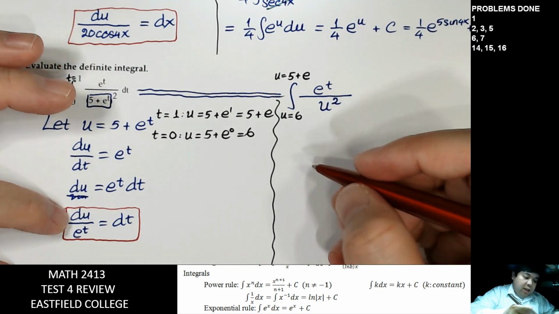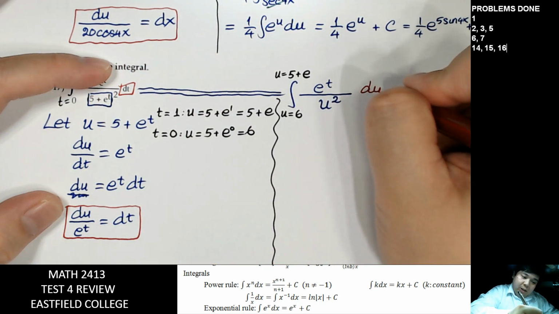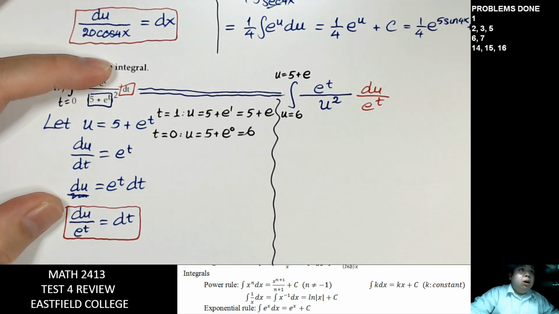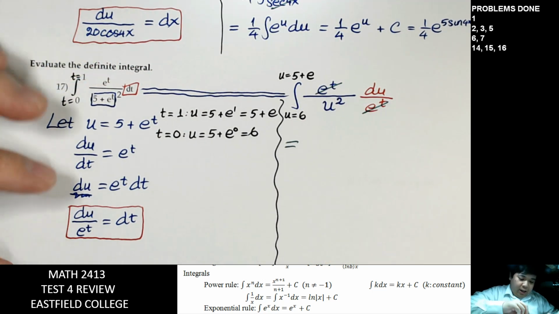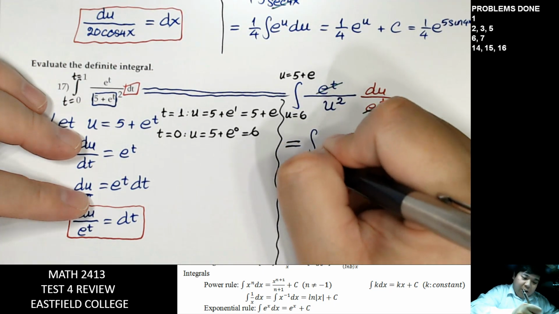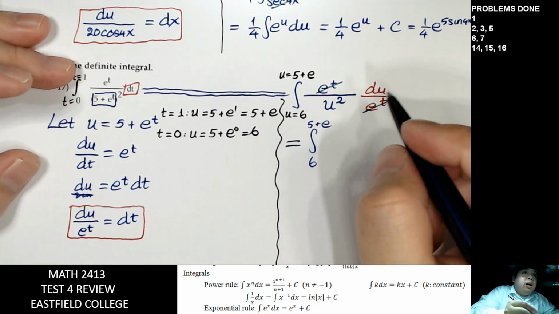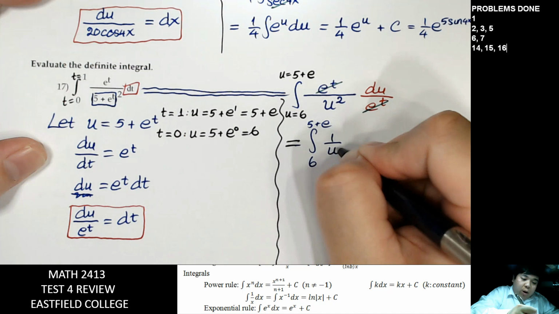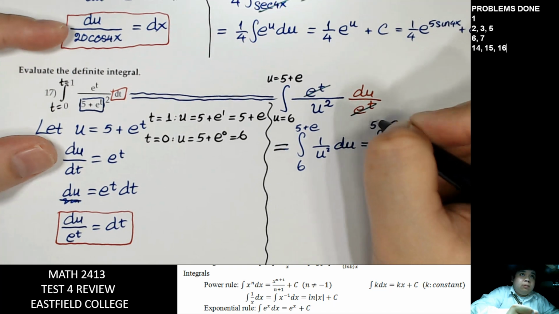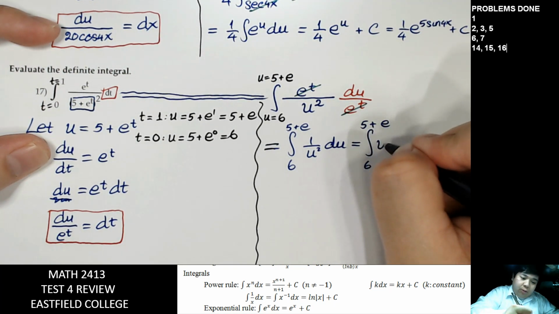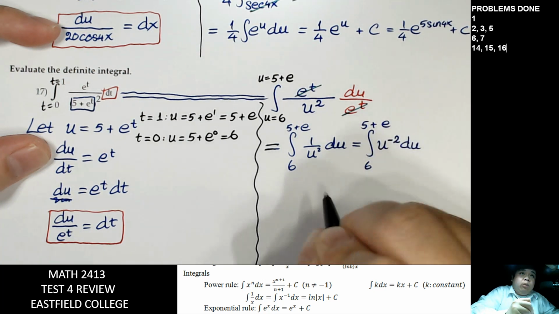Du over e to the t is dt, which cancel out. And there's nothing outside of the integral. We have 1 over u square du.